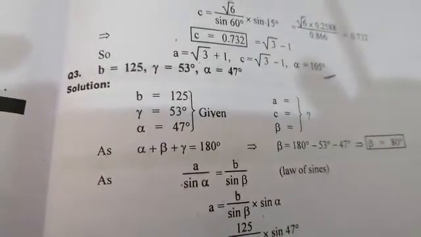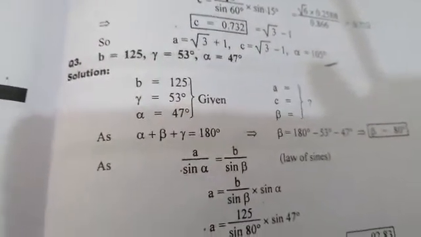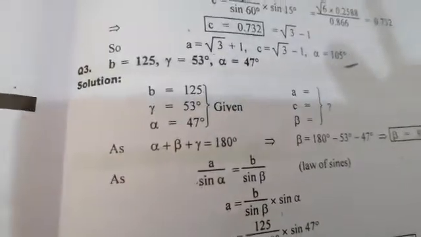Similarly, the question number 3 of exercise 12.4. We are given side b is equal to 125, gamma is equal to 53 degrees, and alpha is equal to 47 degrees.